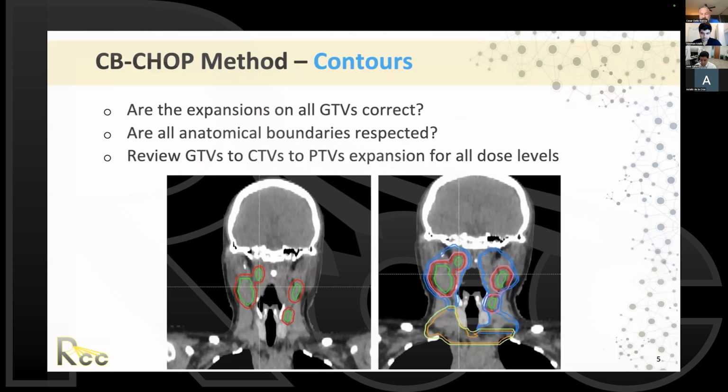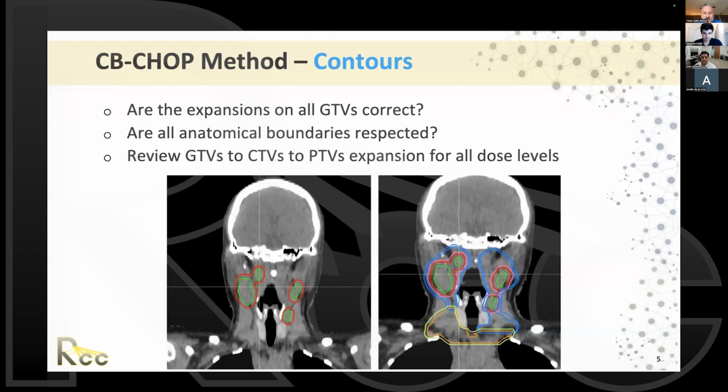You can see on the pictures here, these are only coronal views, but as Nauman says, you need to check the expansions in all the views, axial and sagittal, because sometimes, depending on how you create it in the treatment planning system, if you do a 3D expansion or a 2D expansion, things might get weird and can include things that you do not want to include in the other cuts.